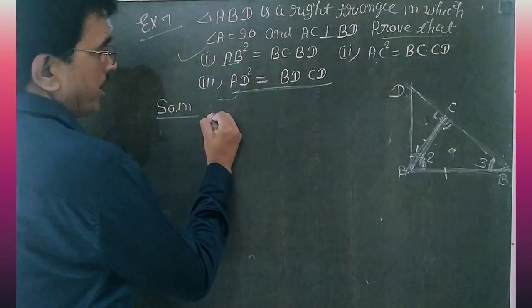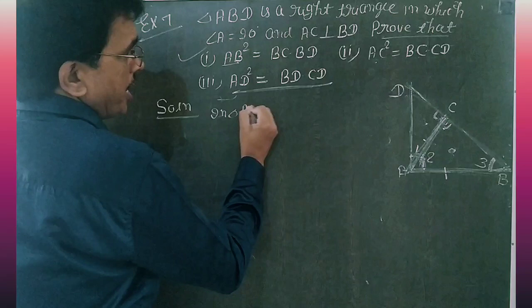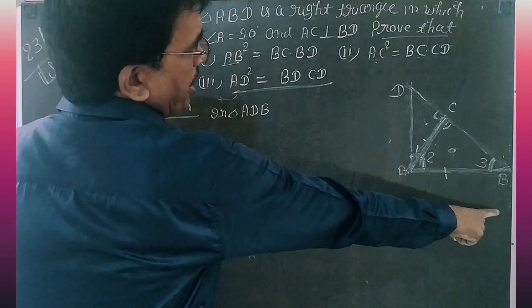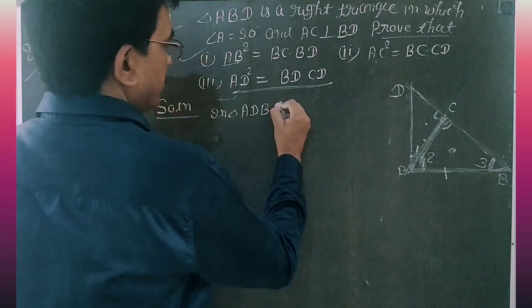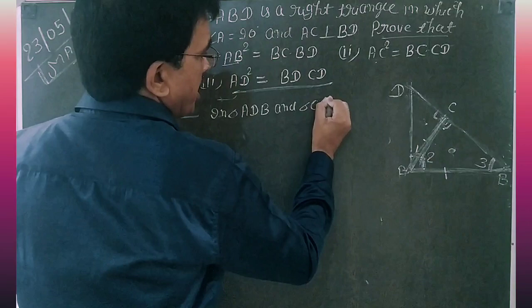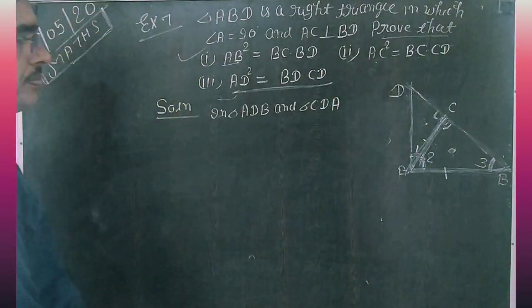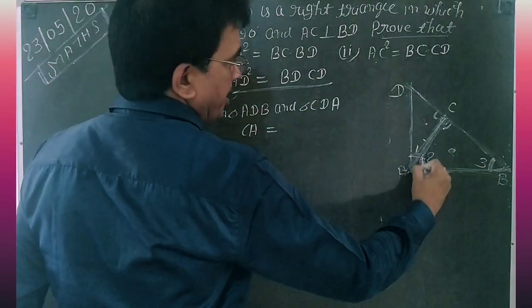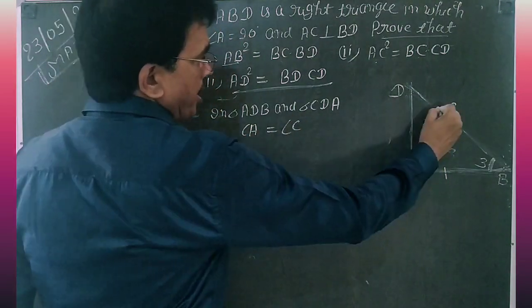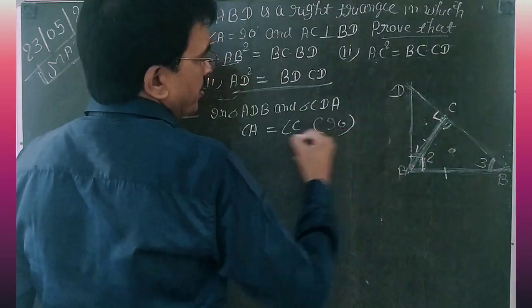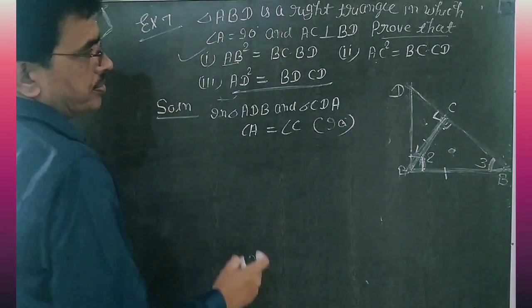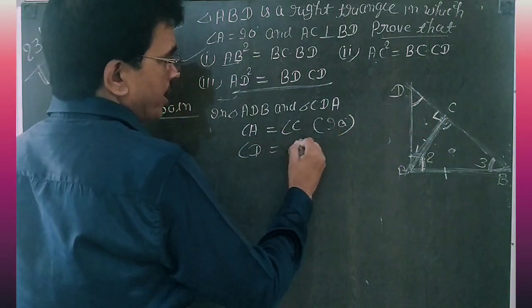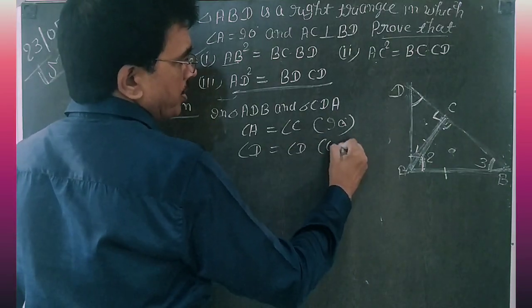So take triangle ADB, the large triangle, and triangle CDA. Angle A in the large triangle is 90, and angle C in the small triangle is 90 degrees, both. Next, angle D in the large triangle and also angle D in the small triangle is common.